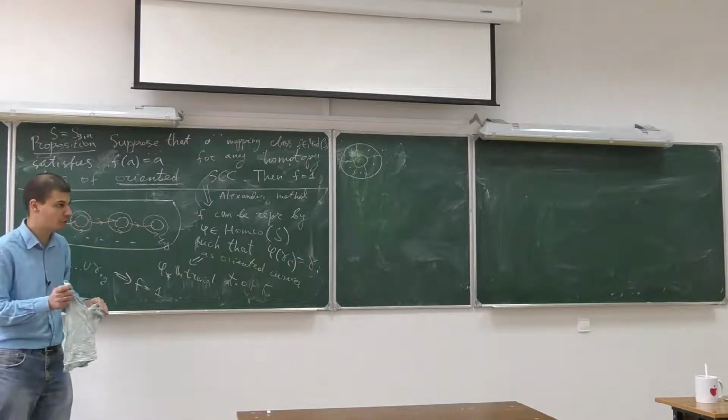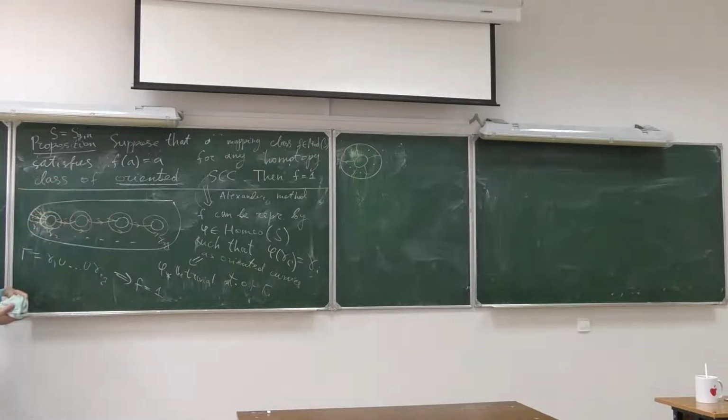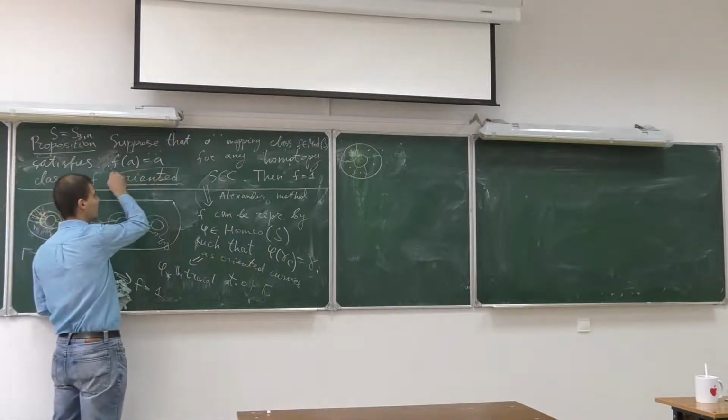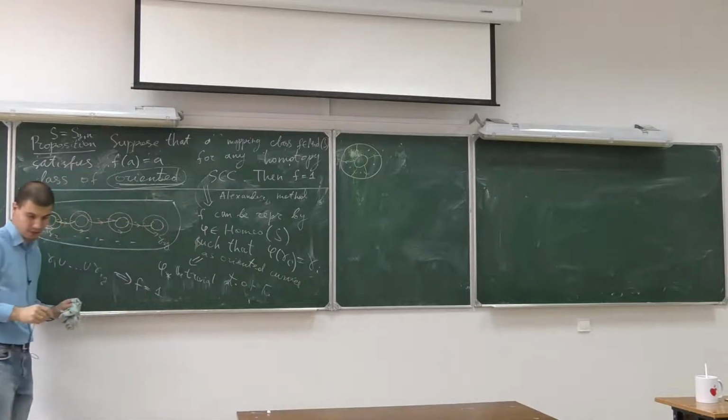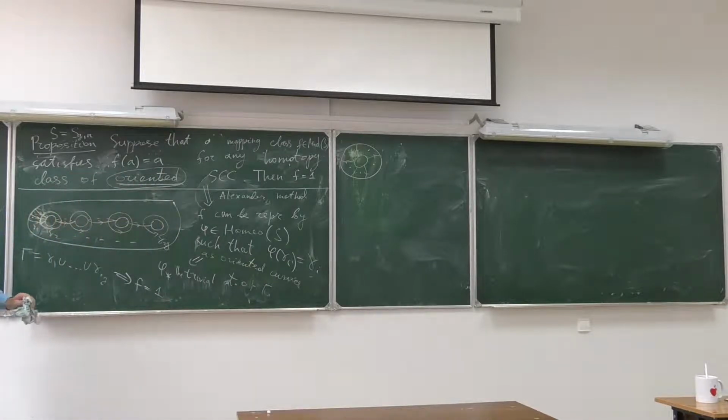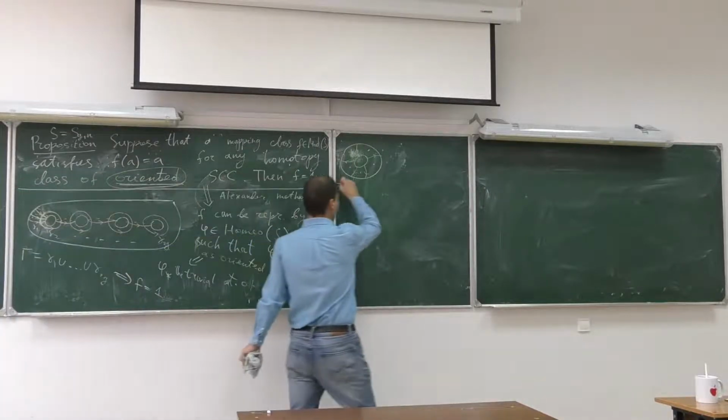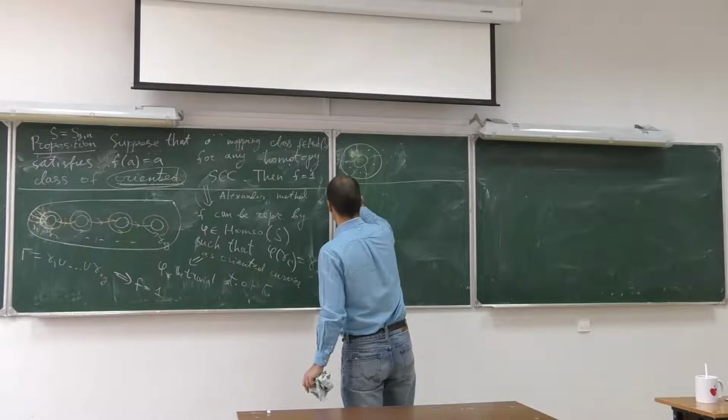But now, what to do in the case of suppose that I would like to get rid of this oriented? Yes, and actually the correct proposition is the following proposition.